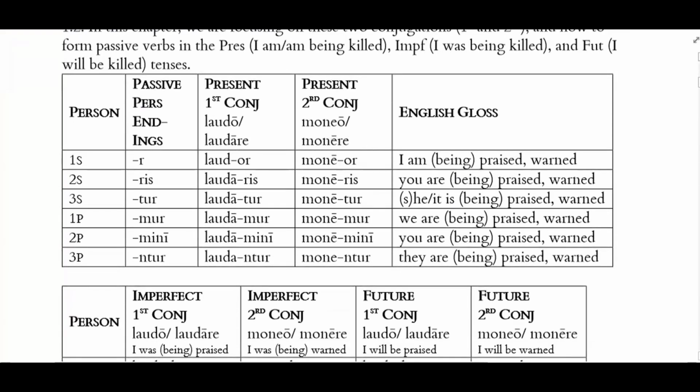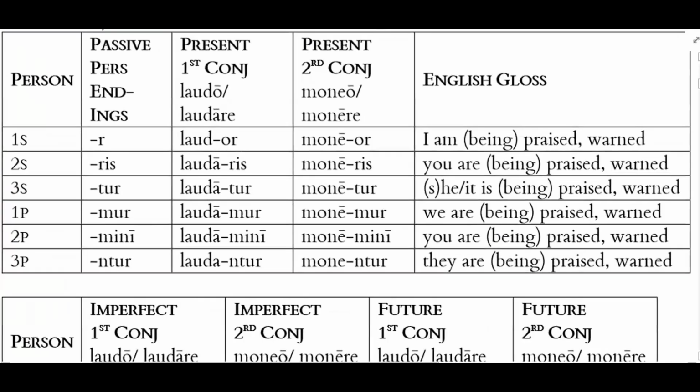So let's look at the forms here. The way we form the present passive indicative is we basically are going to take the present stem, just like in the present tense in the active voice, but we're going to use the passive personal endings. And these are new for us, okay? But we're just going to replace the active personal endings with the passive ones.